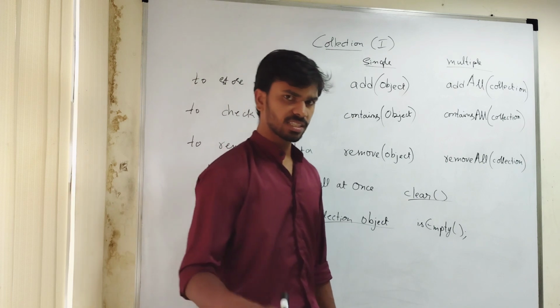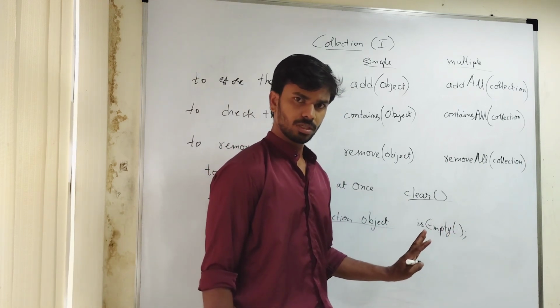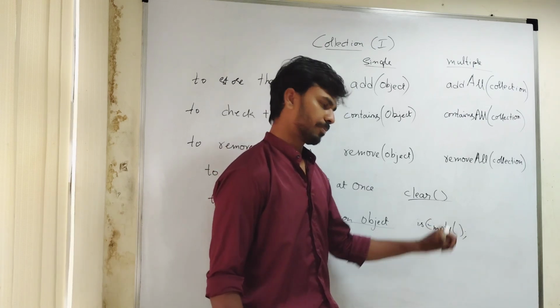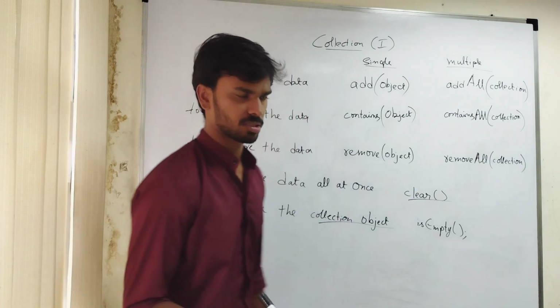If the collection doesn't have any data, it returns true. Means, is it empty? It is asking like, is it empty? If the collection has some data, then it returns false.